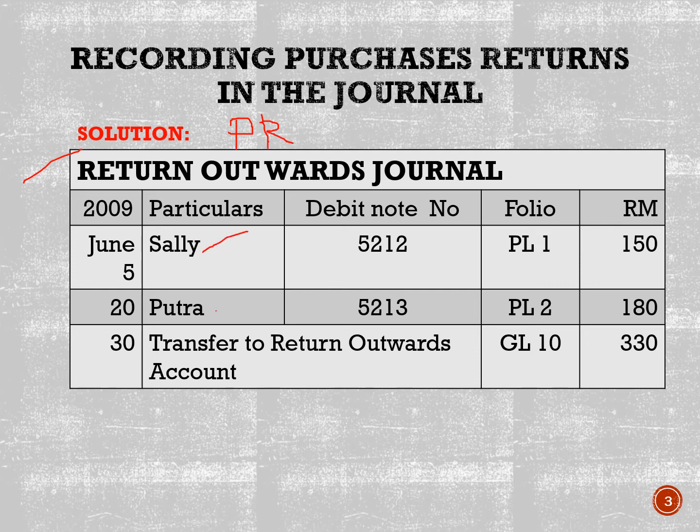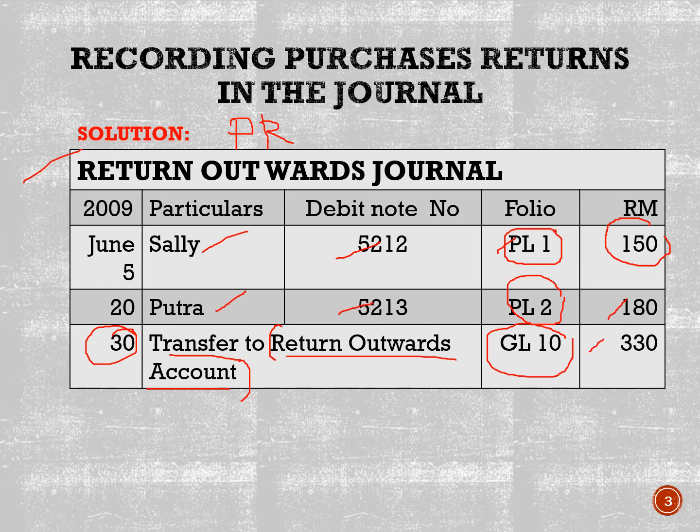Kita bagi balik kat Sally, Putra, and debit number folio, which means that this one is dalam purchase ledger, and this one sama juga RM 150, 180, transfer at last. Bila kita nak tutup journal ni, kita kena transfer return outward ke dalam return outward account. Dalam mana? General ledger. So amounted to 330 ringgit.